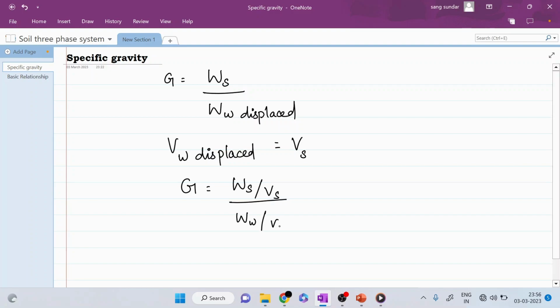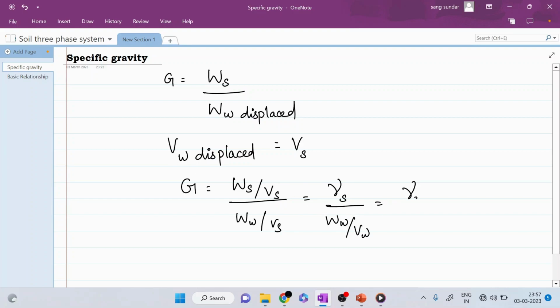Weight of water is also divided by volume of solids, and here weight of solid divided by volume of solid can be represented as unit weight of soil solids, and also weight of water and volume of solids can be replaced in the denominator by means of volume of water.